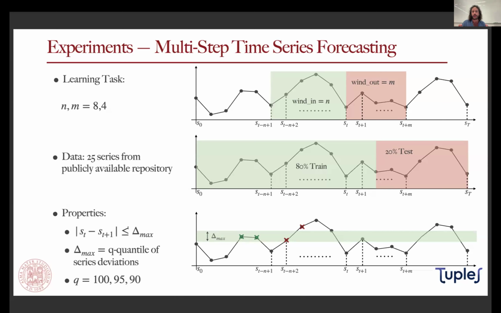So we want our network to be aware of the fact that if 2 predictions correspond to 2 consecutive time steps, then they cannot be reasonably far from each other, right? They should be reasonably close to each other, okay? So we want a stable network. And in particular, we calibrate this delta max on the data to, let's say, generate different properties.